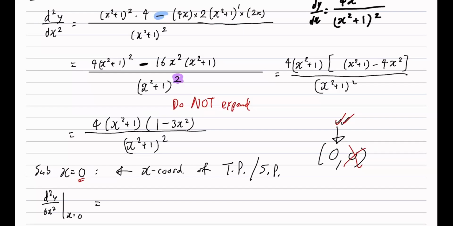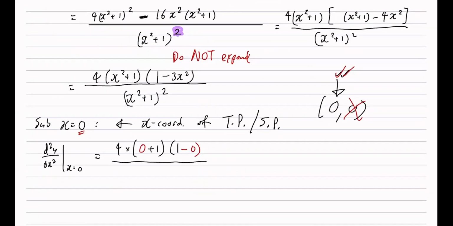Oh, it's a 0. That's not right. Let me see. Did I do something wrongly? Oh, no. My brain's not working. Sub in x equals 0. No, it's not 0. Okay, let's see what it is. 0 squared is 0. Don't forget the plus 1. 1 minus 3 times 0 is 0. So 1 minus 0, all divided by 0 squared is 0, plus 1, then bracket square.